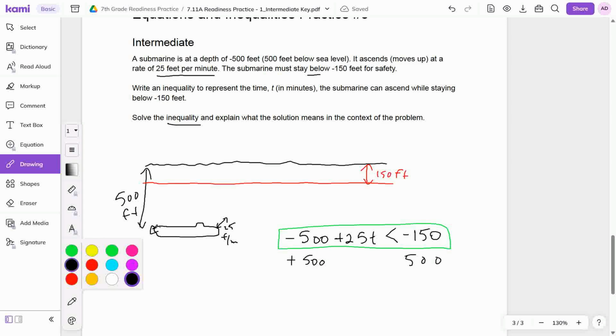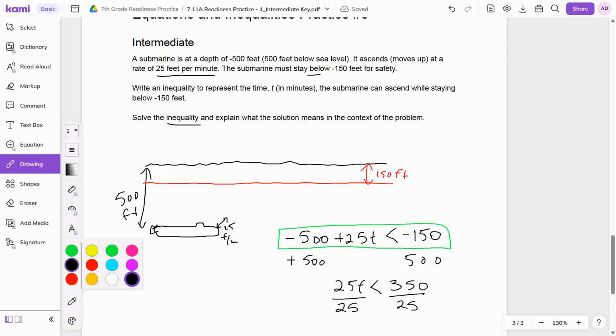So that's going to get me just 25t. And I've got negative 150 plus a positive 500, or think of it as 500 minus 150. Either way, you're going to get 350. Now, we're going to use the other property of equality, divide both sides by 25.